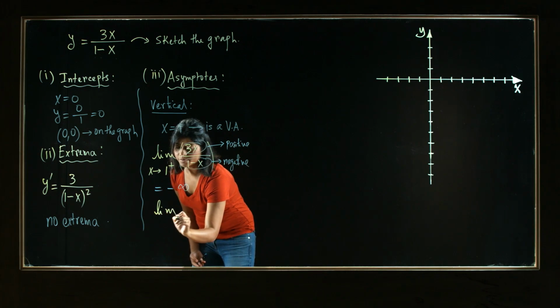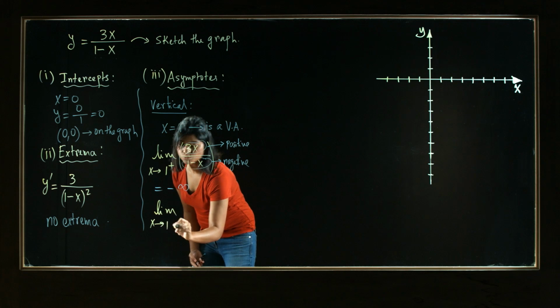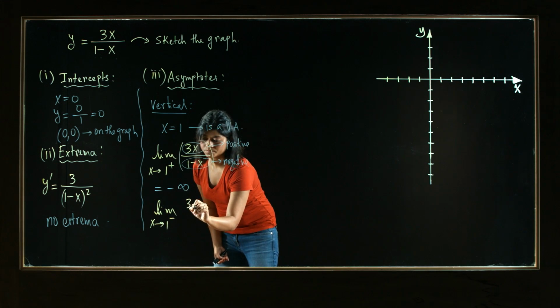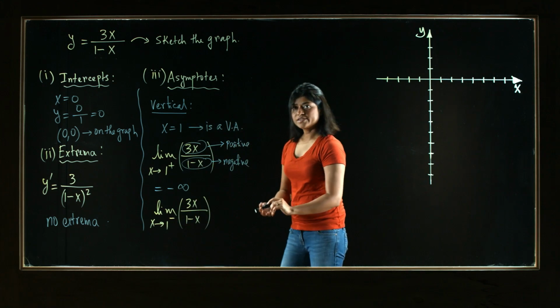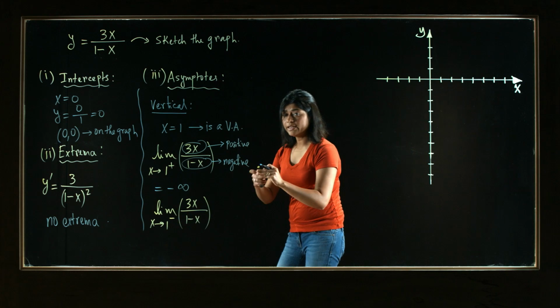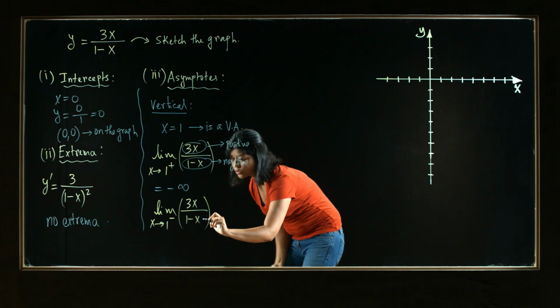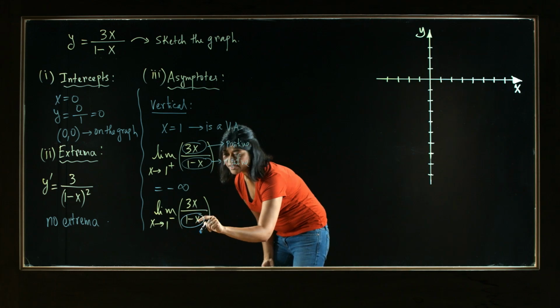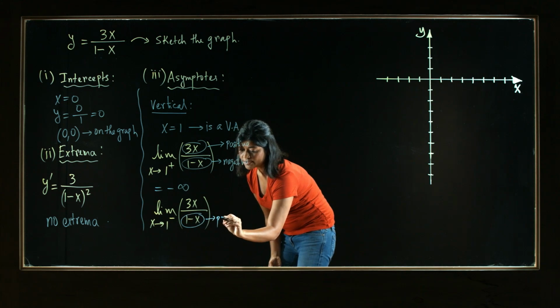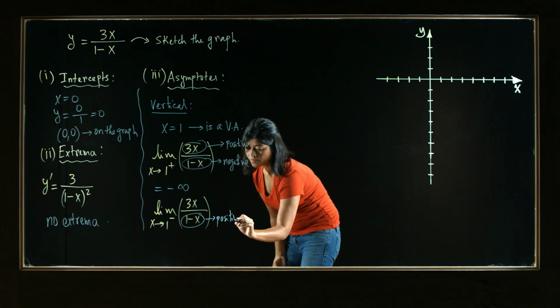Now what about the second limit? Limit as x approaches 1 from the left side, so minus. Let's consider it similarly. So x is picking values that are less than 1. So you're plugging in x equals something smaller than 1. So 1 minus that is positive.